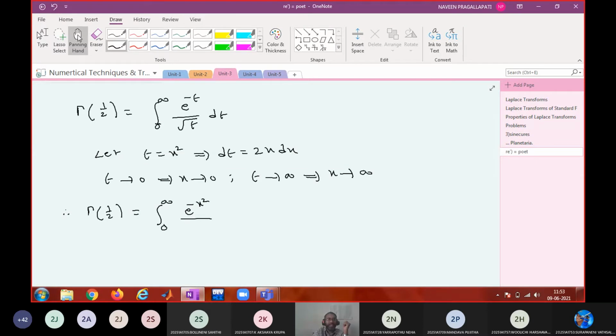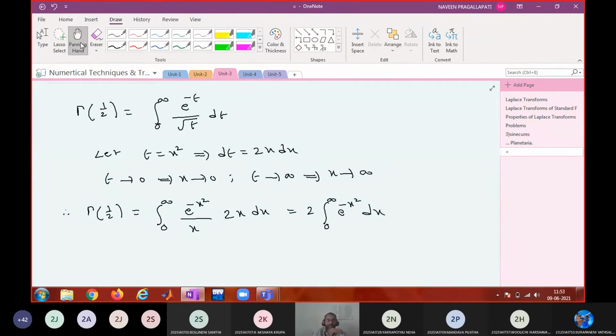When t equals x square, root t will be x. What is dt? dt is 2x dx. Now x and x get cancelled. This is 2 times 0 to infinity e power minus x square dx.